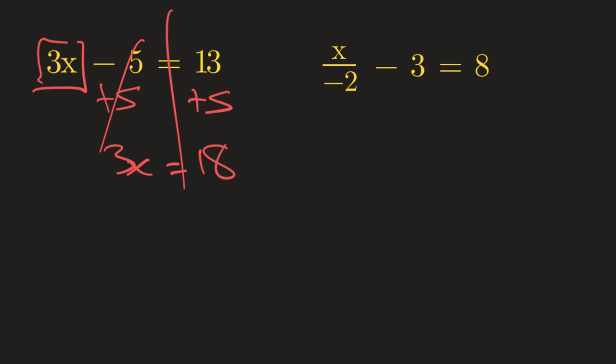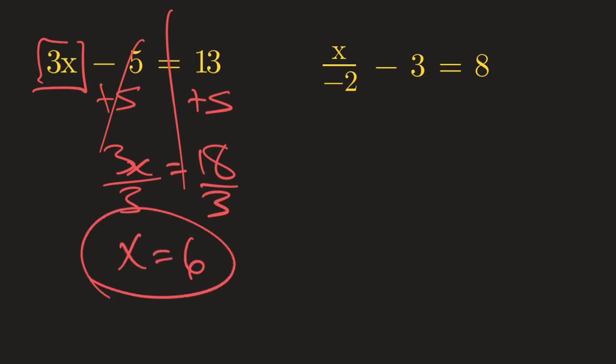What would be the solving step? Divide both sides by positive 3, exactly. 18 divided by 3 works out really nice, positive 6. Okay?